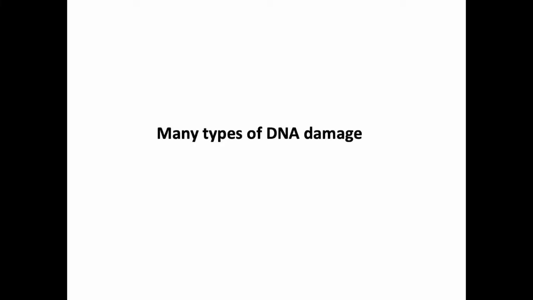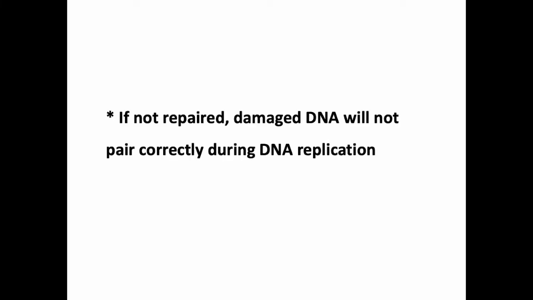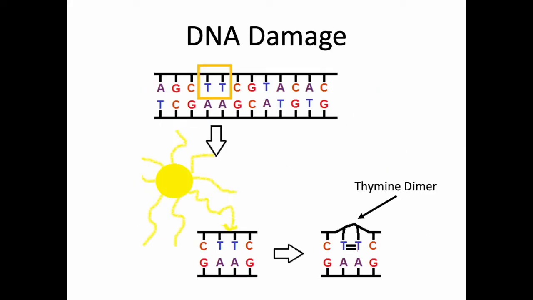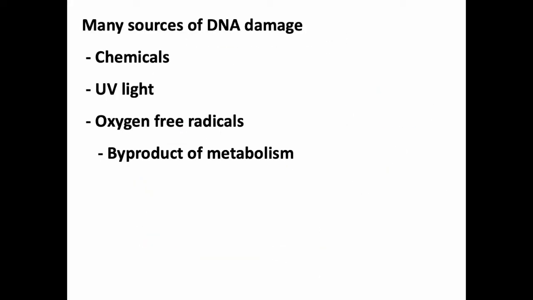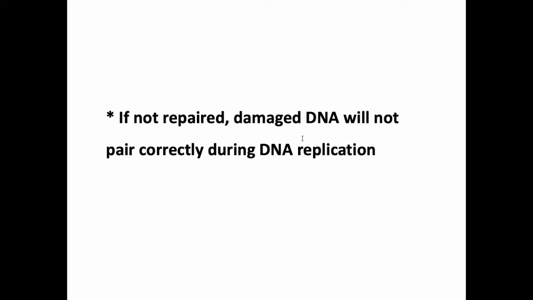The main point of this section, though, is that the problem with DNA damage comes in replication. Damaged DNA, regardless of what type it is or what caused it, will not find its correct partner, A to T, C to G, and will not pair correctly during DNA replication.